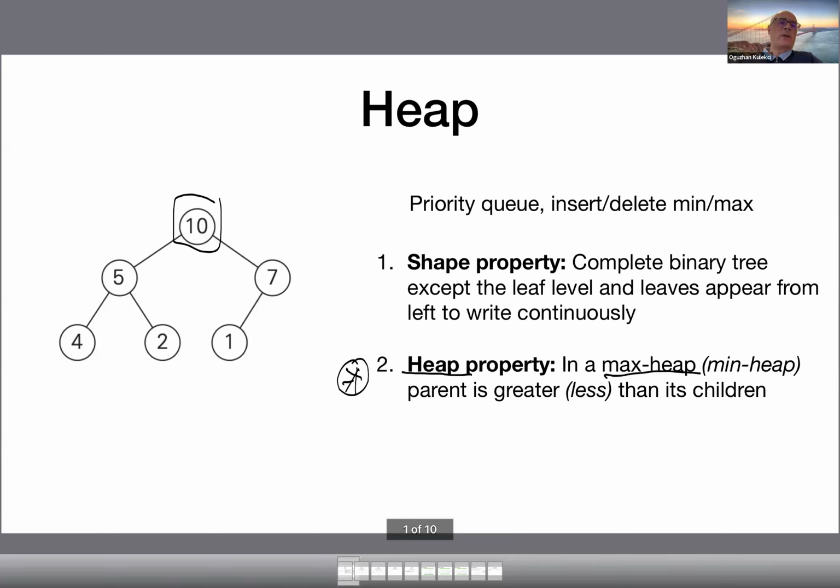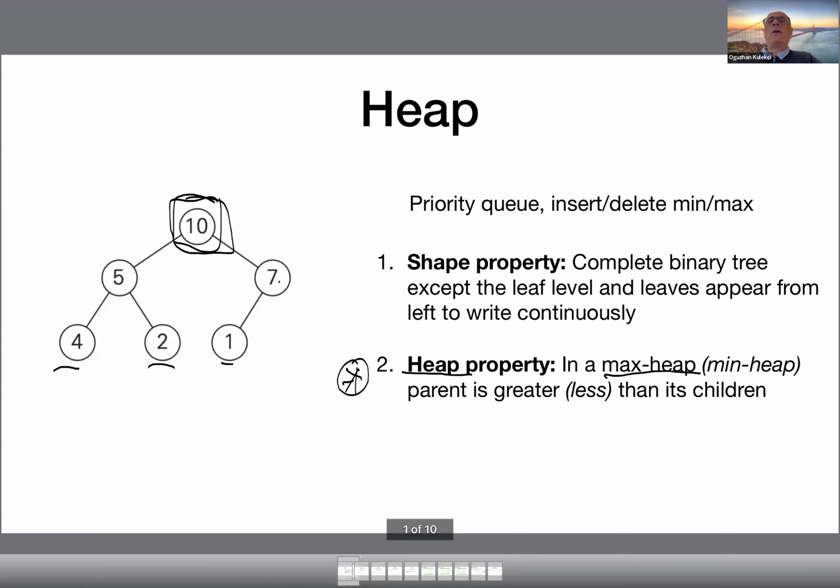And 5 is greater than 4 and 2, and 7 is greater than 1. Since all the nodes conform to the heap property, we call this a heap. In that sense, what we are sure of is, if this is a max heap such that every node is greater than its children, then the maximum value is always at the root.